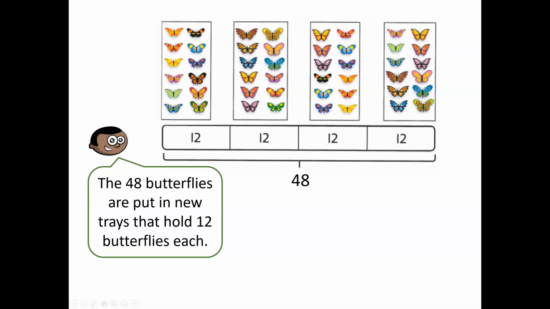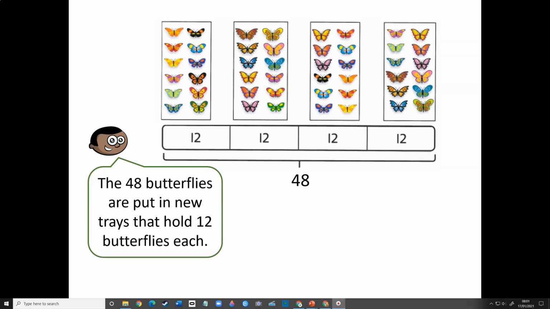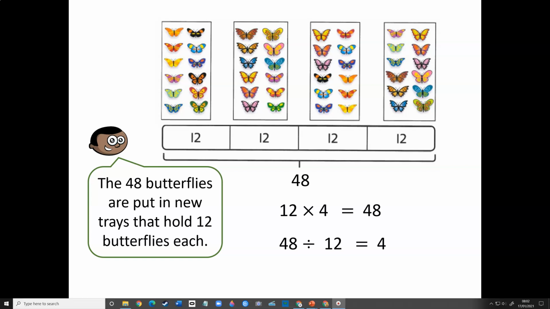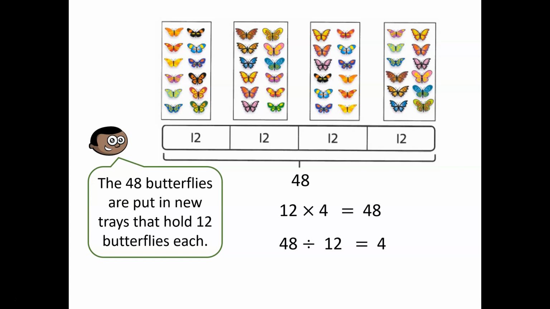The bar model represents the grouping. So we can see that 12 times 4 is equal to 48. The bar model also shows us a division calculation. 48 divided by 12 is equal to 4. To rehouse the butterflies in the new display, 4 trays will be needed.